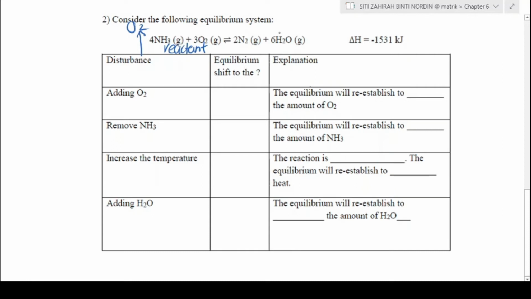In order to balance the reaction, we have to shift the equilibrium to the right, because at the reactant we already have a lot of oxygen, but at the product side we don't have any. Remember that we need to be generous, so we need to donate from more to less. That's why the equilibrium shifts to the right.